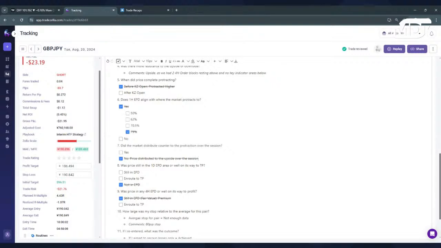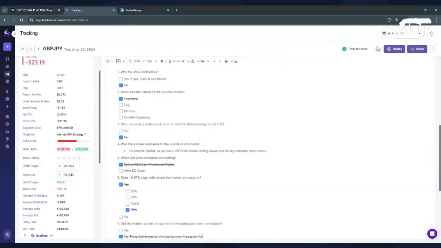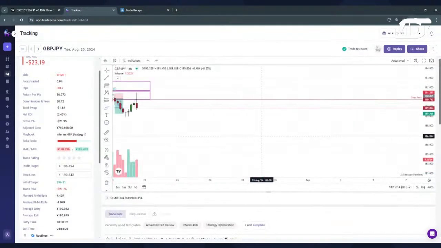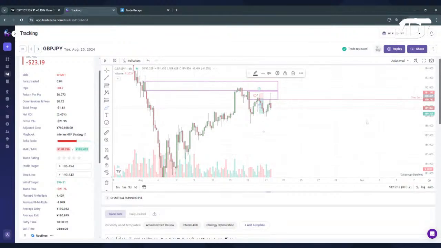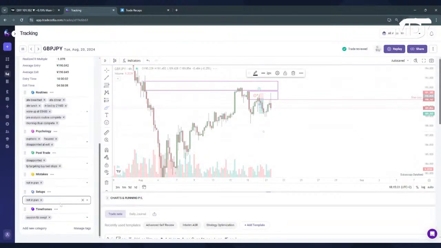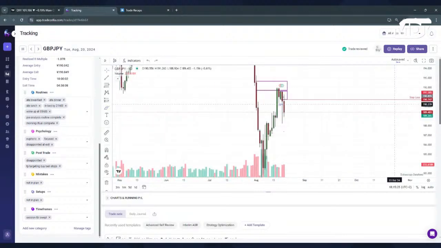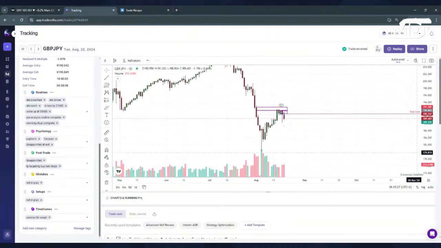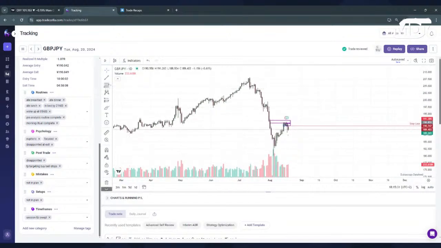And then from a daily perspective, was price still in the daily equilibrium premium or discount area, or well on its way to take profit? This is kind of where I picked up that this was an invalid setup, or a setup that just didn't meet the plan, because this was my daily range.